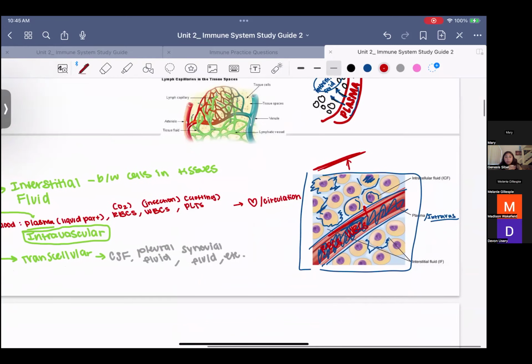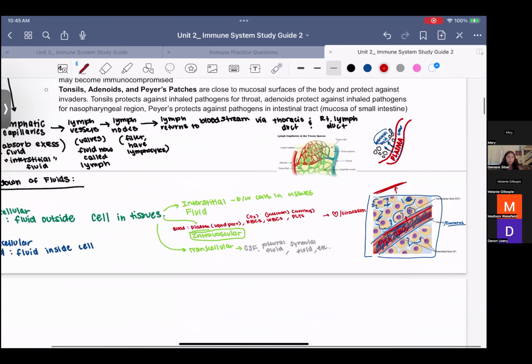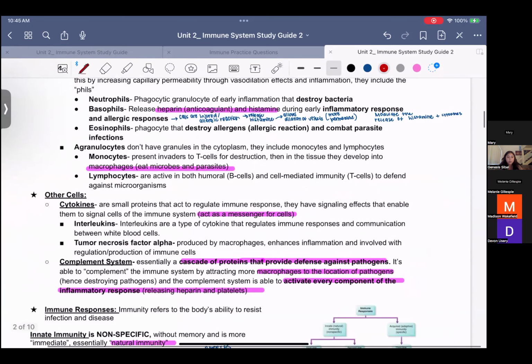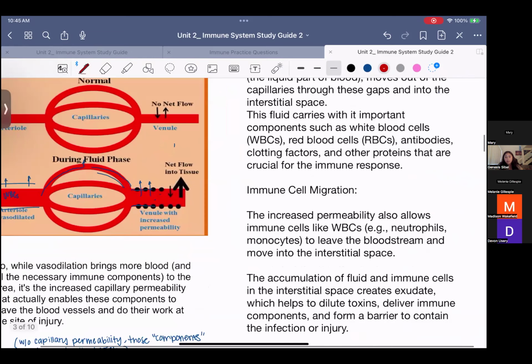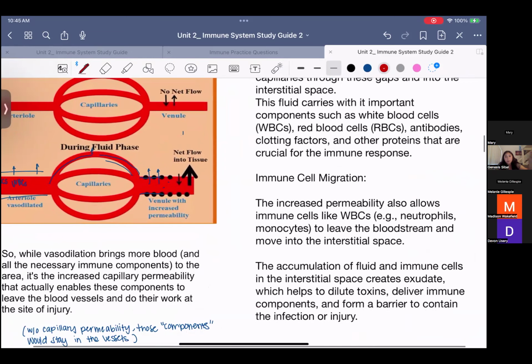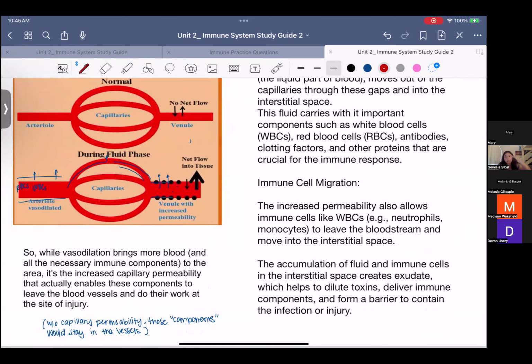You have to have both of them because they're different things, and it helps knowing the difference between those. With vasodilation, you want to bring all that stuff, but capillary permeability just means that those components leave the bloodstream and move into the interstitial space so that they can go to the tissue site.